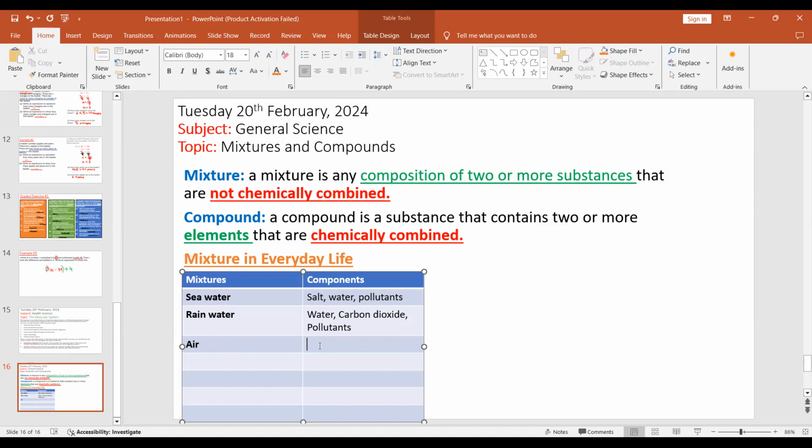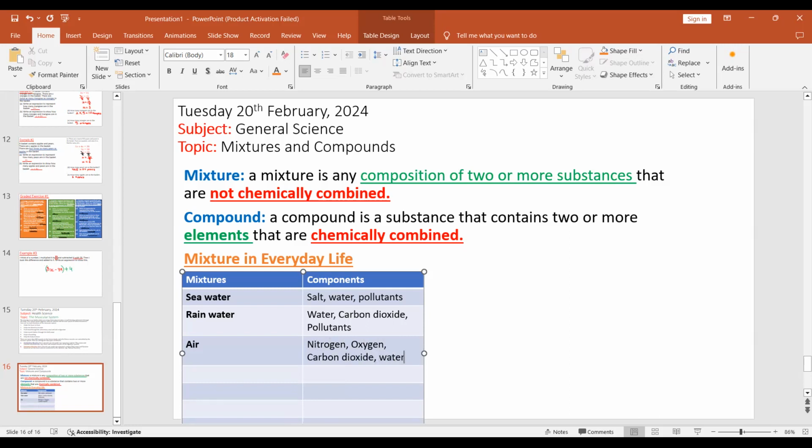Oxygen, nitrogen, carbon dioxide. So the air is made up of these gases: nitrogen, oxygen, carbon dioxide, water vapor, noble gases, etc., pollutants and stuff like that.